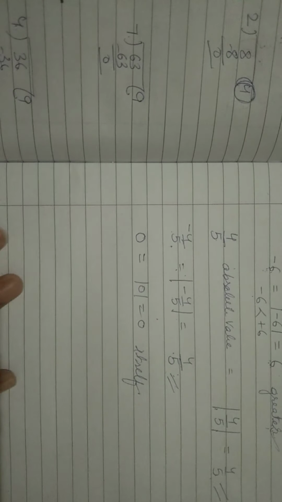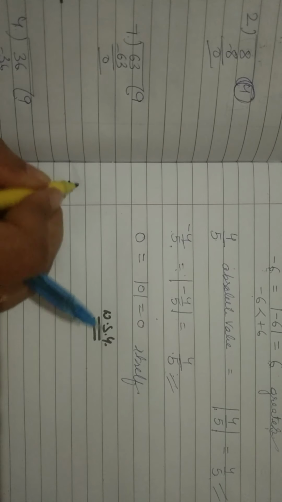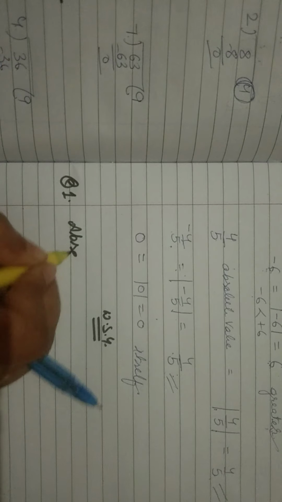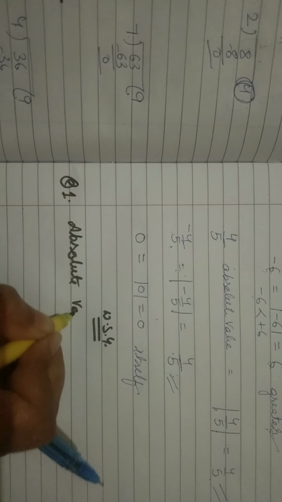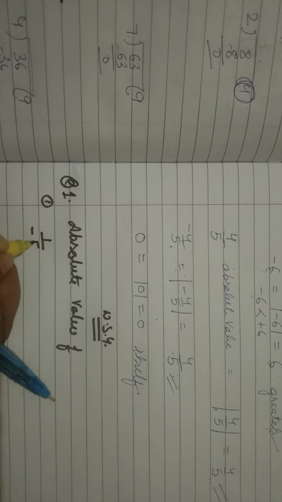Fine. So let us take a question from worksheet number 4. Question number 1 is: find the absolute value of, first part, 1/-5. So how are we going to do it?